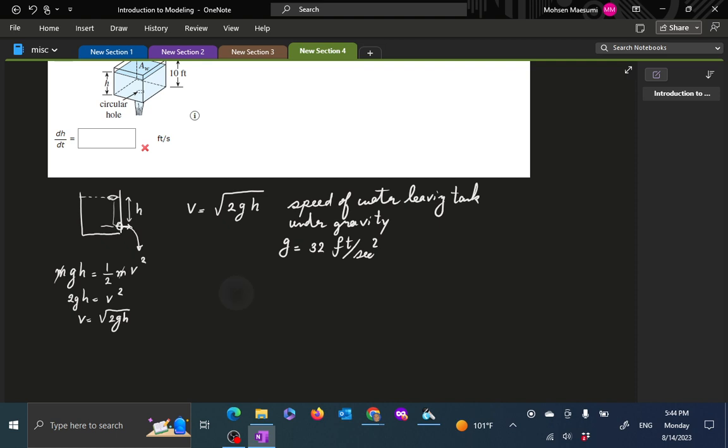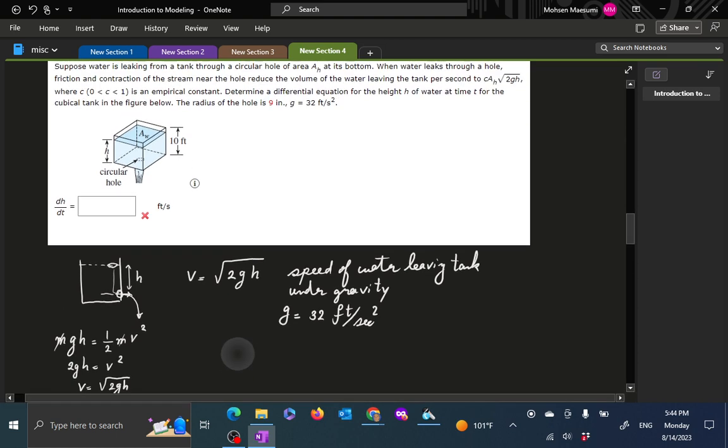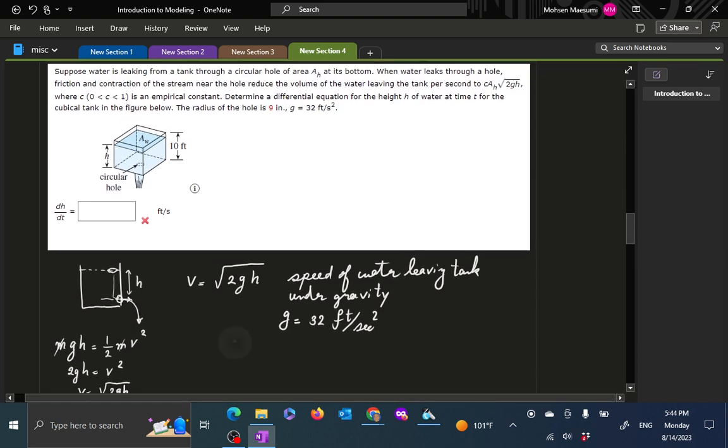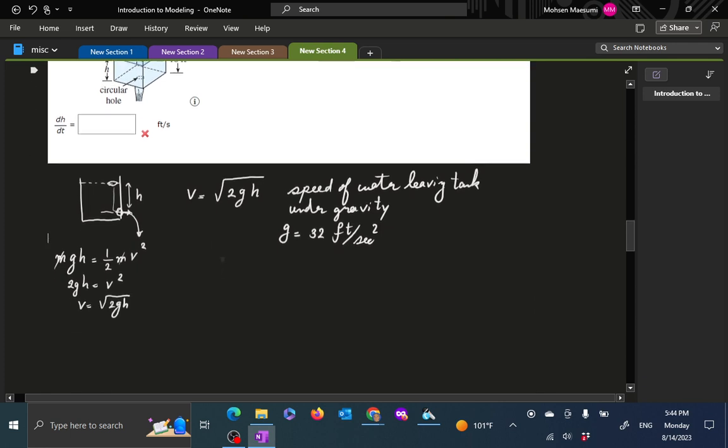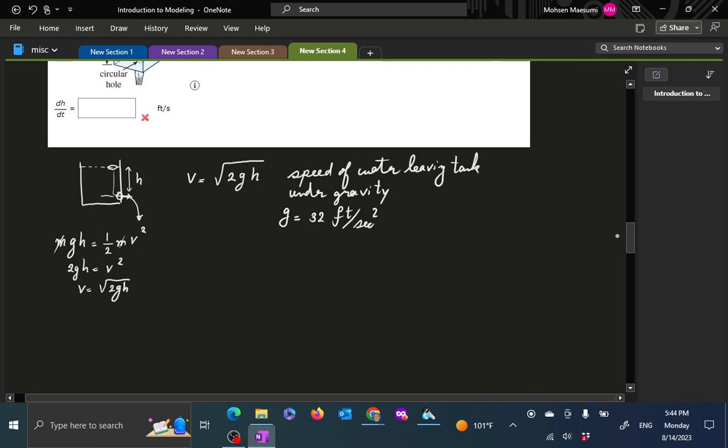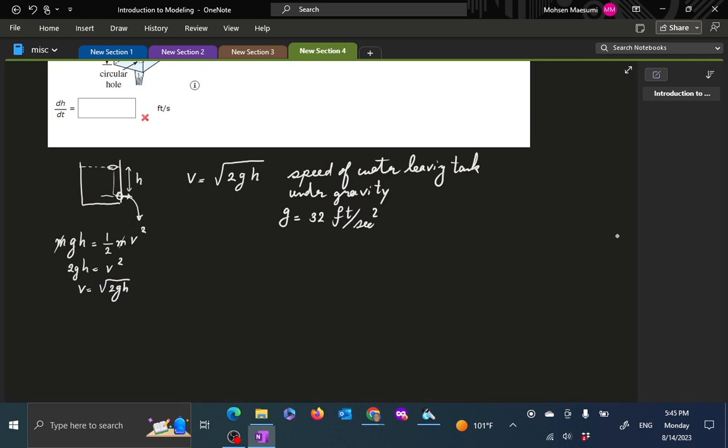Now in these problems, in an attempt to make it a little more realistic, you see a factor of c. It's supposed to take into account that there is some friction. We are losing some of our energy at the hole or in the water.